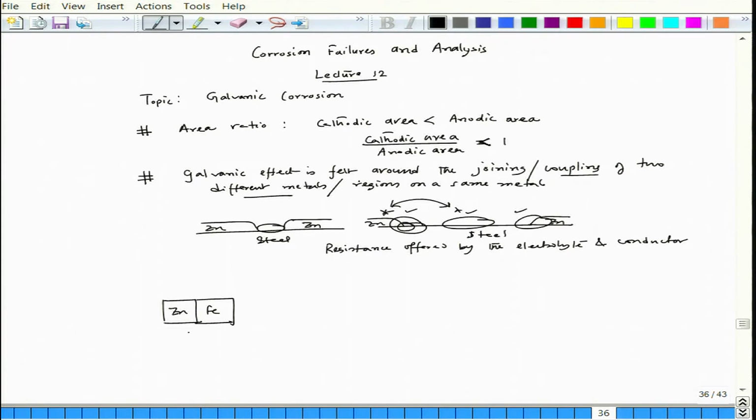This kind of couple is kept in Ladakh area and another near Chennai area or any seaside cities in India. We will see in this case the overall corrosion of this total couple will be less.